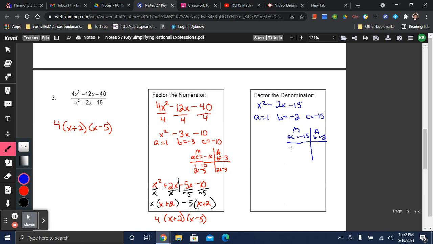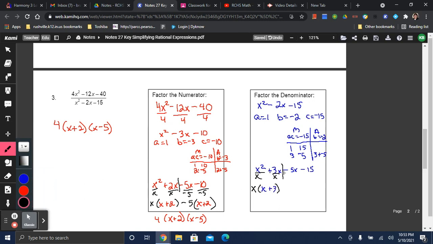So multipliers to 15 would be 1 and 15, 3 and 5. If I make the 5 negative, then I can get it to add to negative 2. So that would give me x squared plus 3x minus 5x minus 15. And doing the cut line, I can divide both of these by x so that I would have x, and then inside the parentheses, x plus 3.